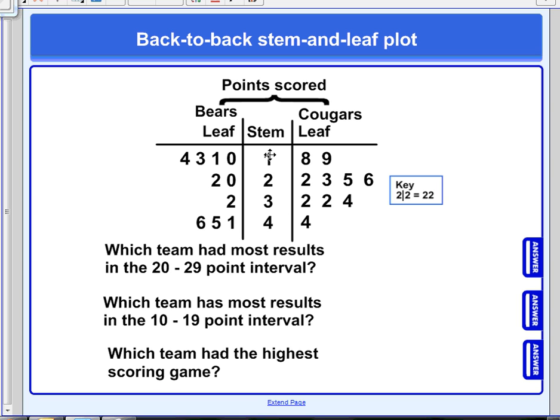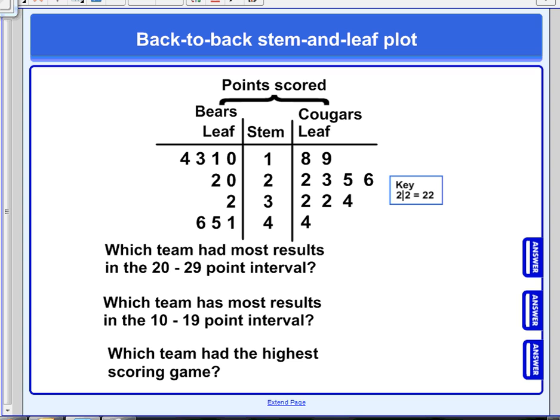And then you read it like this. On the cougar side, you would have 18, 19, 22, 23, and so on. On the bears side, you would have 10, 11, 13, 14, 20, 22. And you can answer some questions about these back-to-back stem and leaf plots, like these down below.